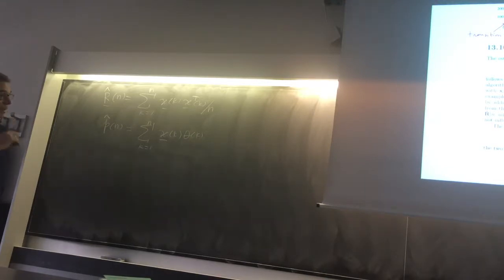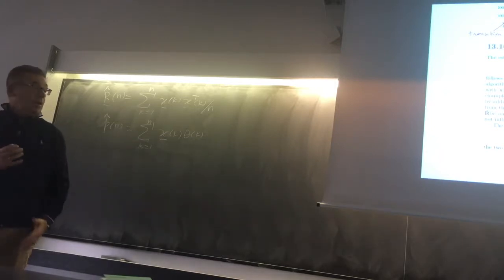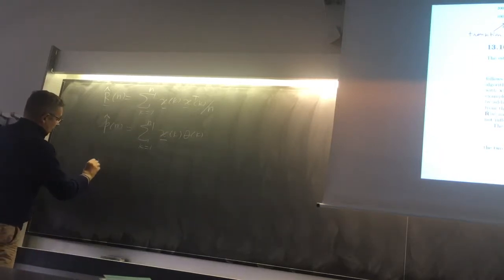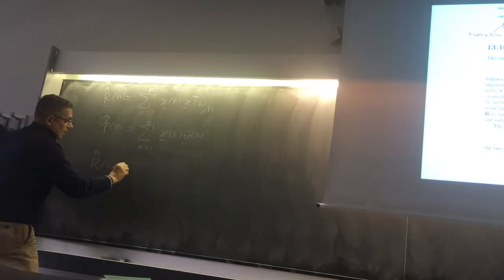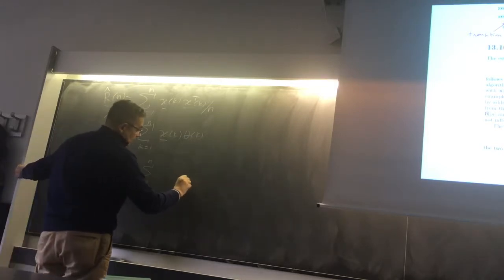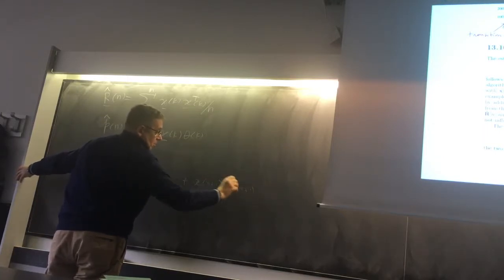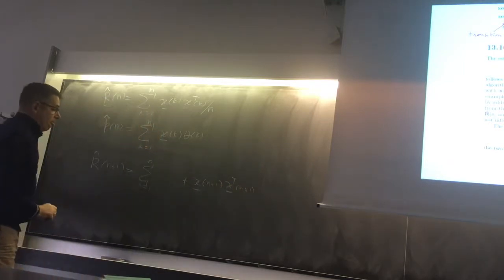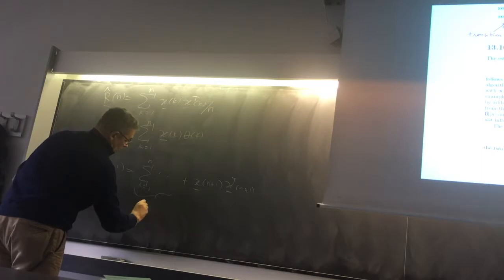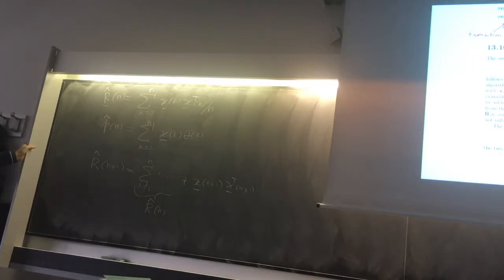We can say that in a batch way, I take the data and compute R. Then when I get a new sample, R hat n plus 1 is the sum for k equals 1 to n, plus x_{n+1} x_{n+1} transpose. Since the sum is what we call R_n, we can see it as an update of the previously computed matrix R.